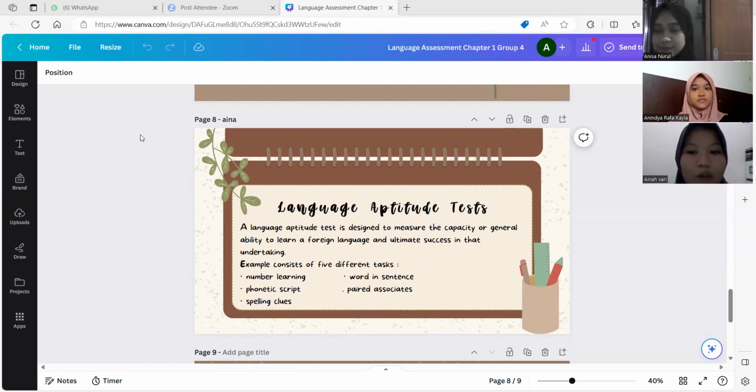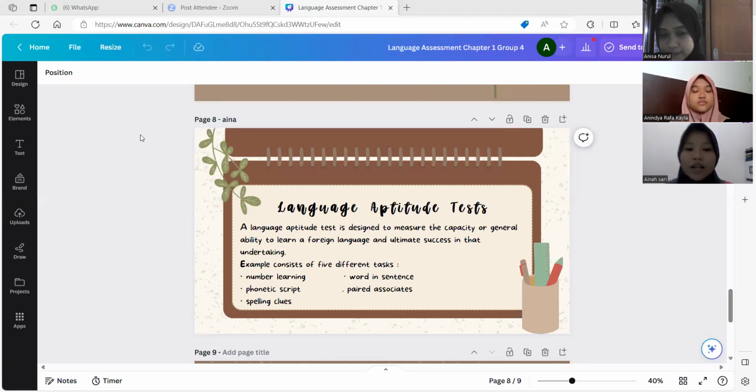Okay, thank you. Now I want to explain to you about language aptitude test. Language aptitude test is designed to measure capacity or general ability to learn a foreign language and ultimate success in the undertaking. Language aptitude tests are also ostensibly designed to apply to the classroom learning of any language.